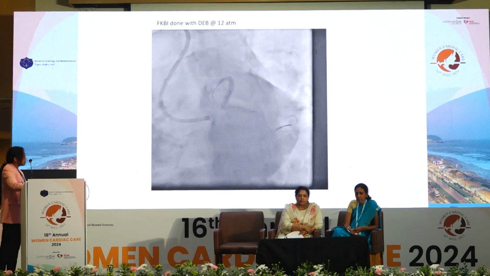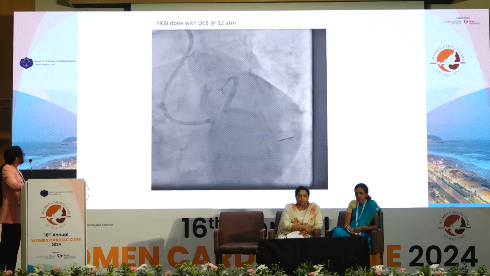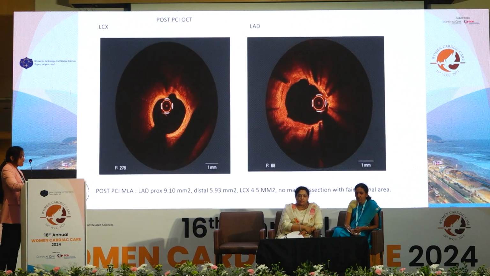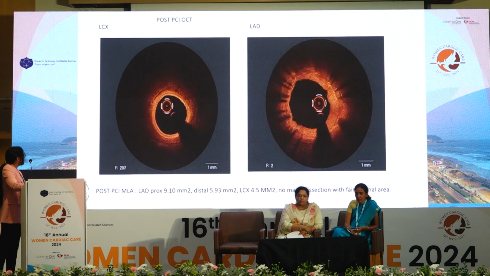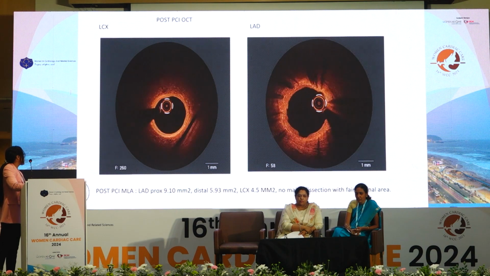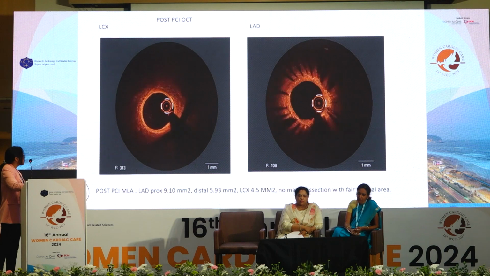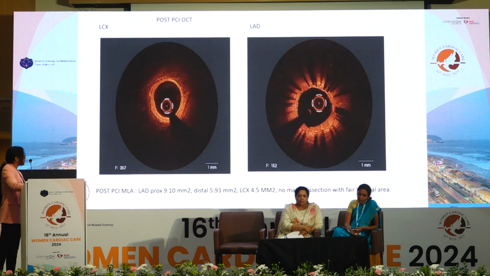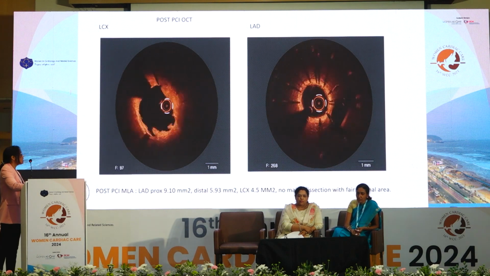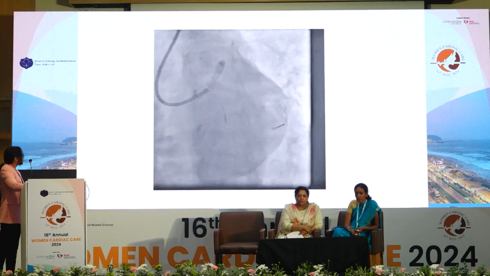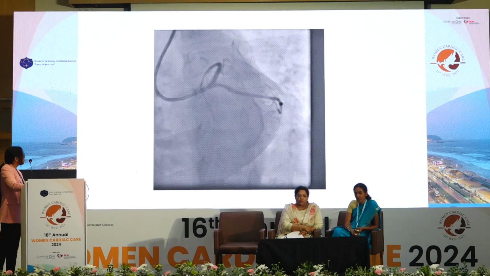Then we did a final kissing balloon dilatation at 12 ATM with the same balloons, and this is the post-PCI run in the LCX and LAD. The post-PCI MLA in LAD was proximal 9.1 and distal 5.93, and LCX 4.5, with no major dissection and with fair luminal gain. And this is the final result.